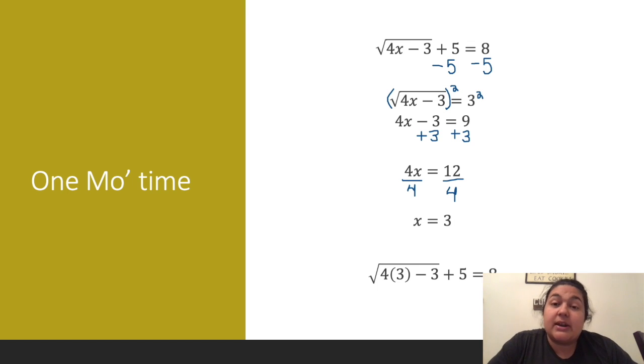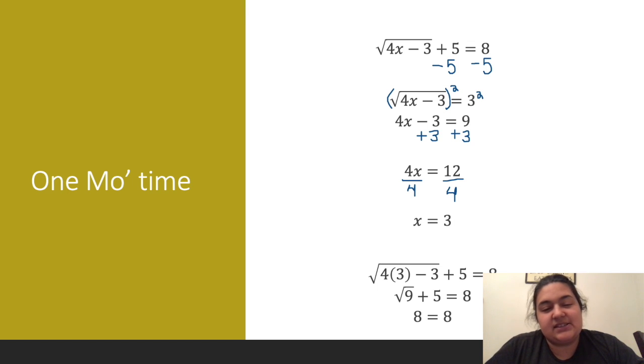So 4 times 3 is 12, 12 minus 3 is 9, so that's just the square root of 9 plus 5. The square root of 9 is 3, so 3 plus 5 is 8, and 8 is equal to 8.